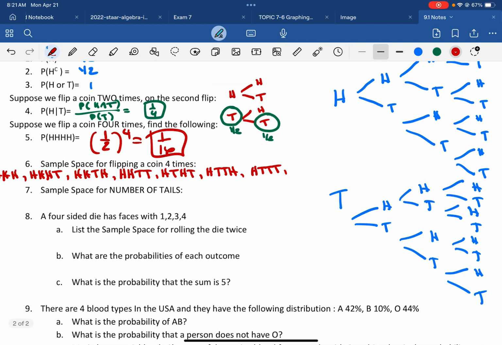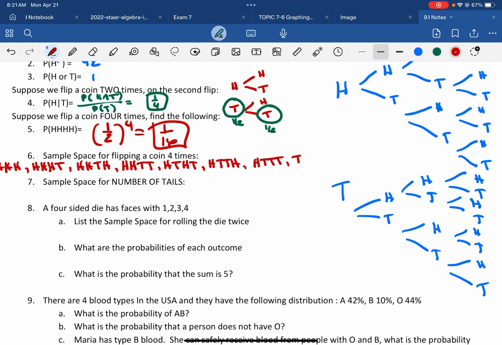And if we want all of the possibilities, it's easy to follow the tree diagram. Get one more in here.